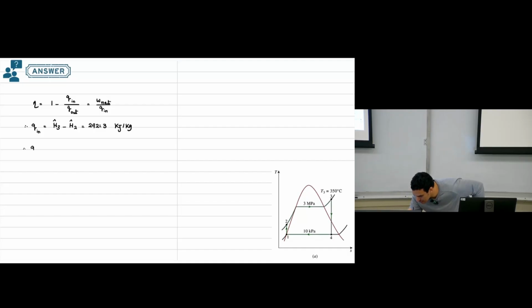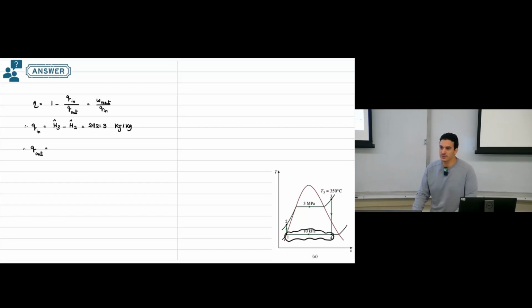Also Qout, anyone knows what will be the value of Qout? What are the two H values you will use to calculate Qout? Where is Qout happening? 4 minus 1. Qout happens in the condenser, and the condenser is represented by this process.